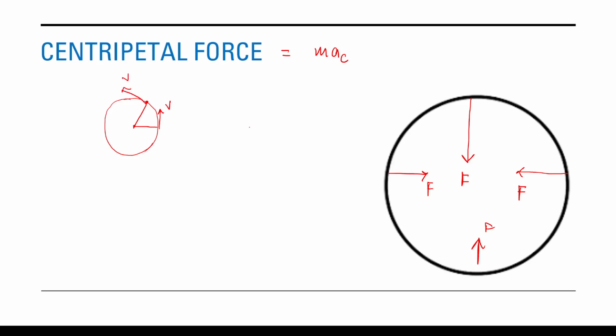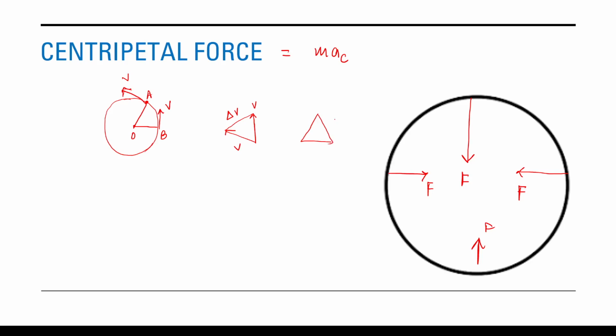If I make a vector diagram for these two velocities, this is my velocity v, and because I have to find the change in velocity, I'm inverting this arrow. This gives me the change delta v.